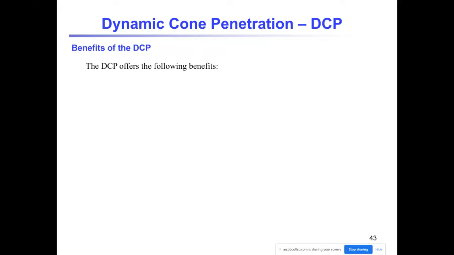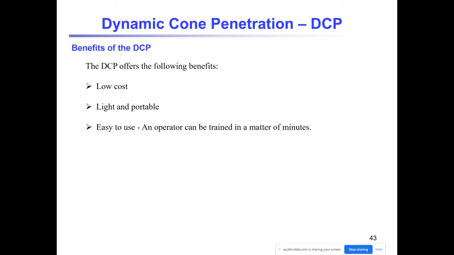But what are the advantages and limitations of this DCP test? Again, similar to the CBR test, it is low cost and fast. Also, the equipment is light and portable. It is easy to use, and you can learn how to do the test in a matter of minutes. You already learned how to do the test.